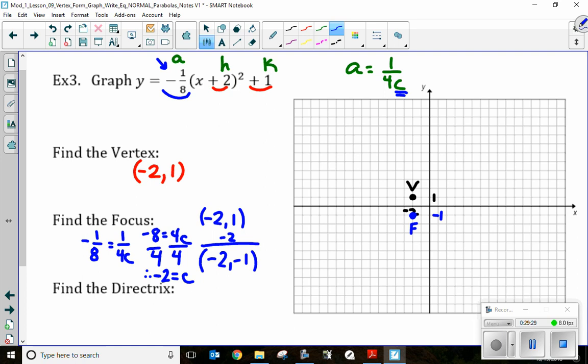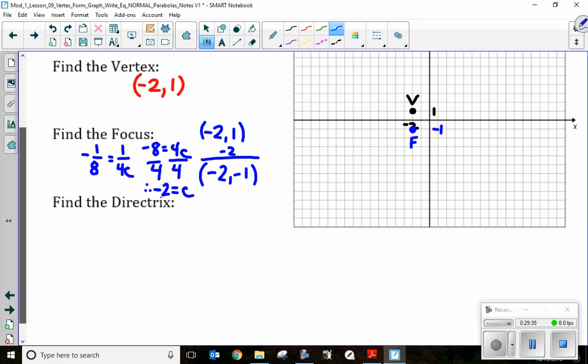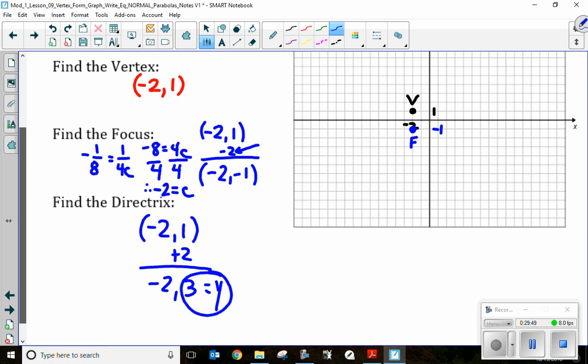If I go down 2 for my focus, I need to go up 2 for my directrix. So negative 2, 3. Of course, that's a line, not a coordinate, so I only want the Y value. Y is at 3. Here's 3 on the Y.